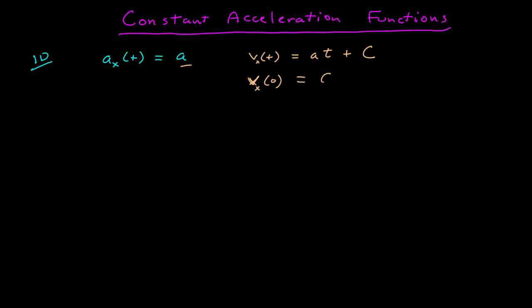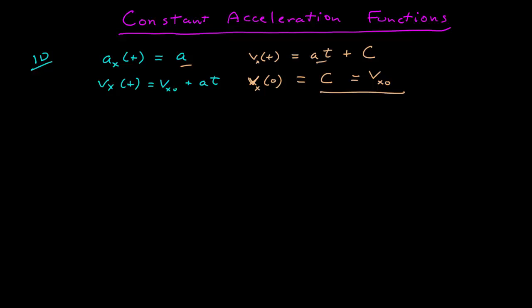Well, that is this additive constant c, since this term is 0. If we identify this as the initial velocity, which we call v sub x naught, then we have our velocity as a function of time, which is equal to v subscript x naught plus acceleration times time.